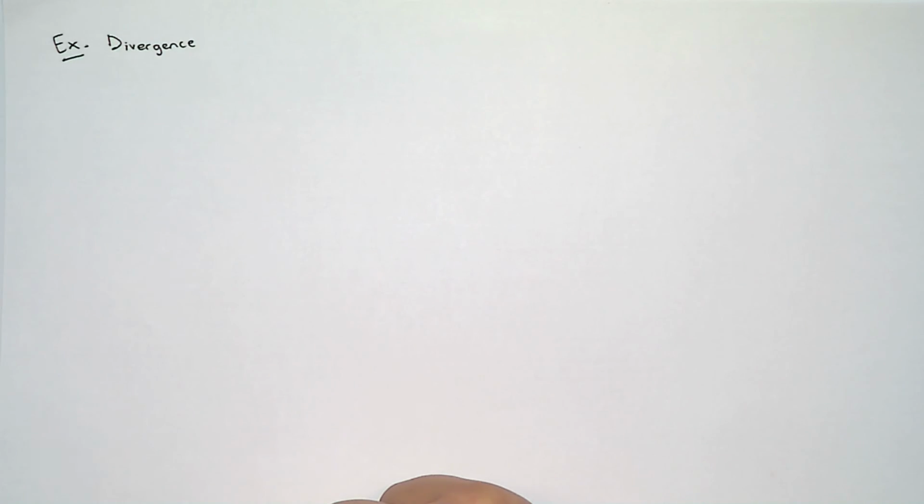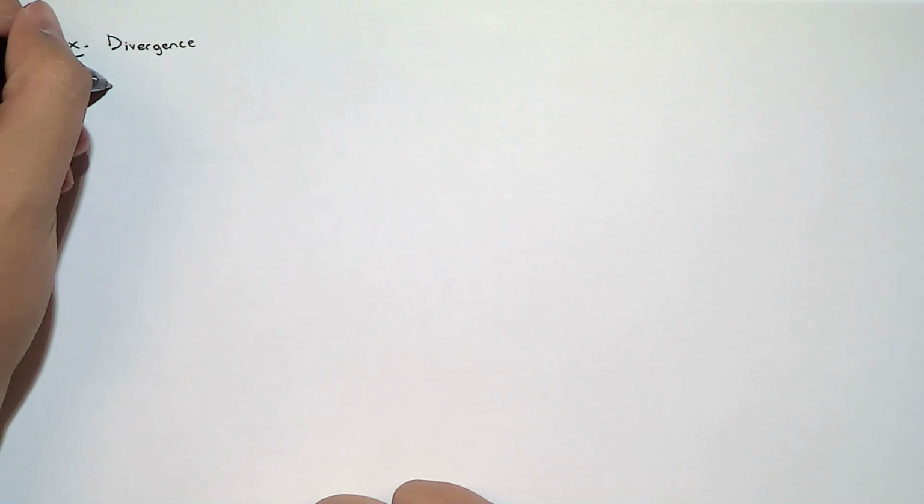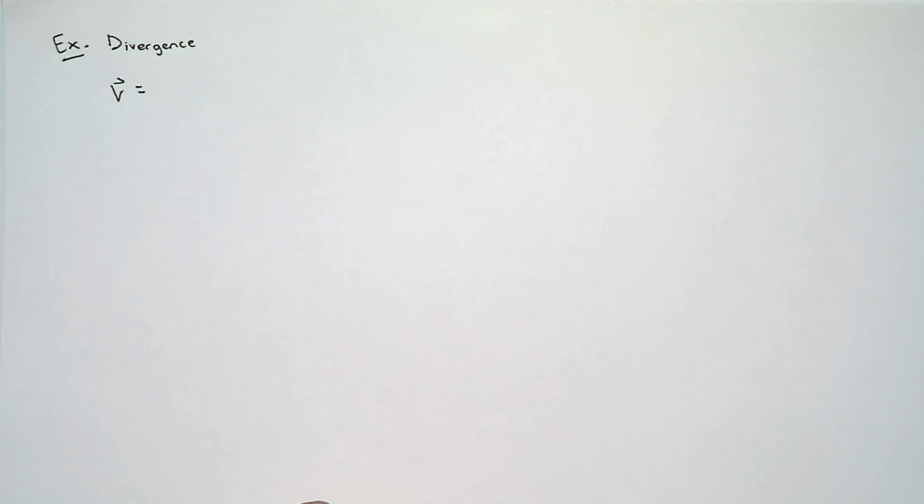field. So let's go ahead and consider a 3-dimensional velocity field. And for this example, I'll just tell you straight up, we're going to look at the divergence of a velocity field. So let's consider a velocity field that's defined by the following terms.